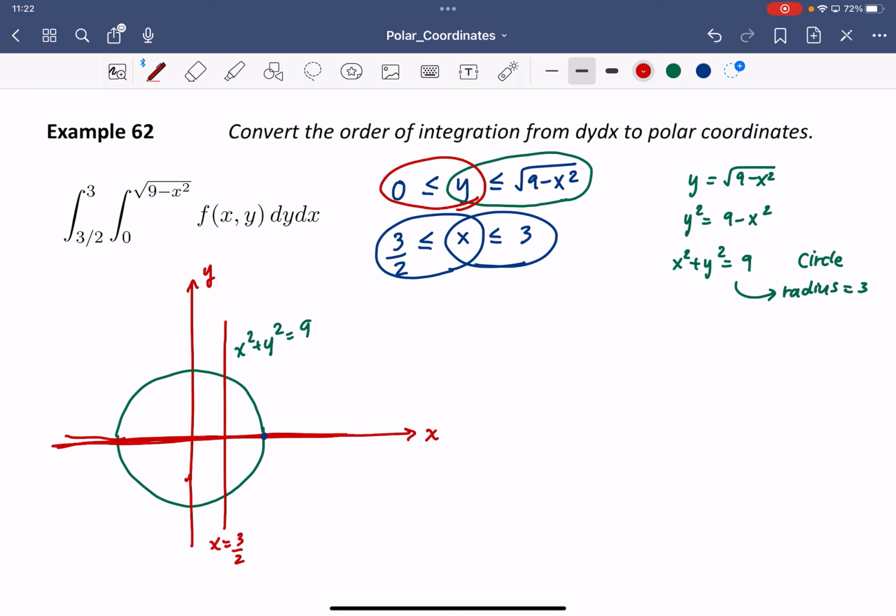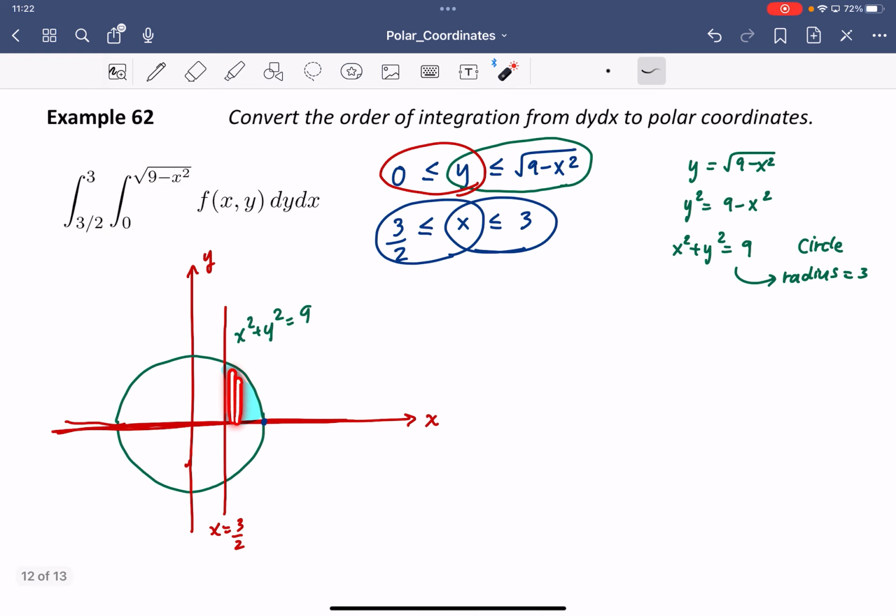So what is the area here? Then it should be this piece, right? Everyone agree? Should be this piece. Why is that? Because if you do dy dx first, you slide this way, see that, and then the bottom part here is 0, the upper part here is square root of 9 minus x squared.